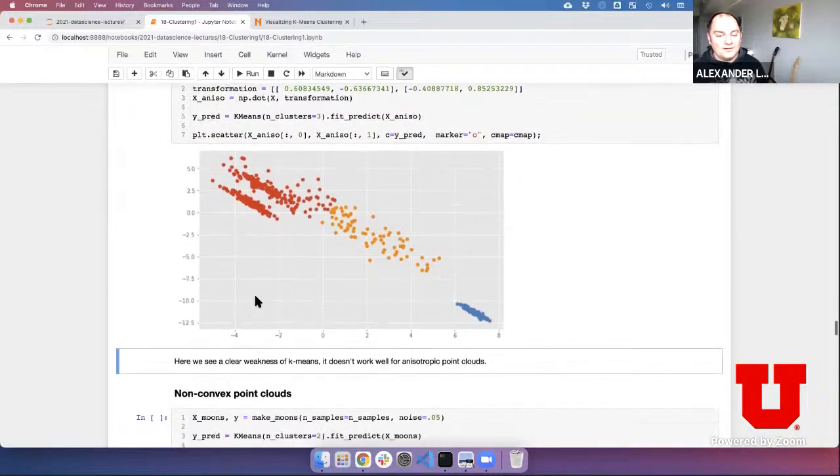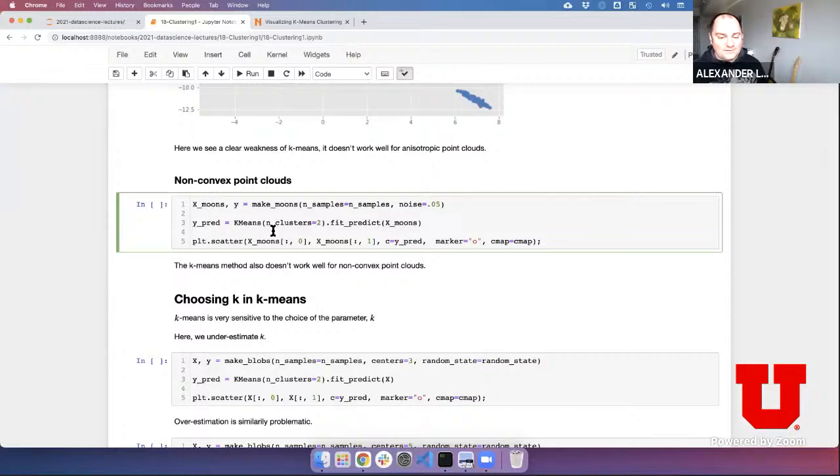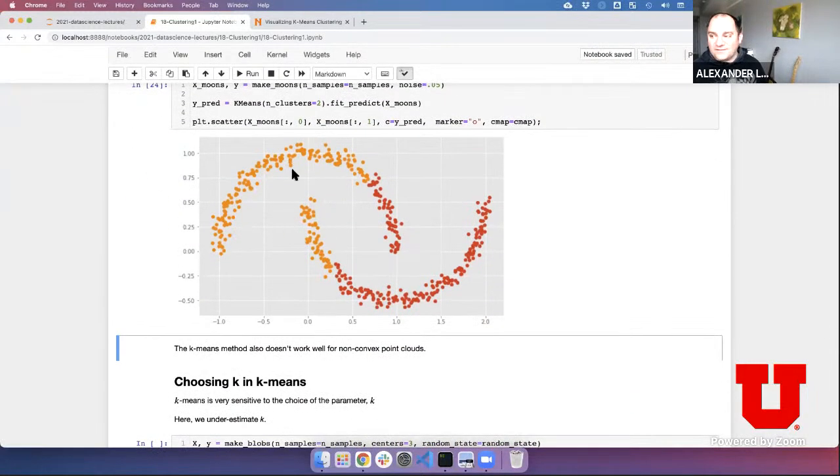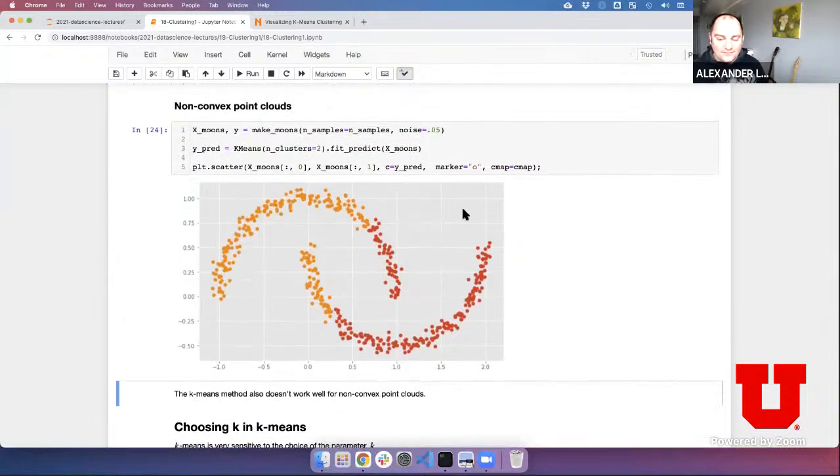It doesn't do well because, again, of the limitations of the distance, which works in all directions. And for non-convex point clouds, like our moons, we have exactly the same problem. We have the centroid somewhere around here, the other centroid somewhere around here. It doesn't take into account that these are shapes that do not follow this Gaussian blob model.